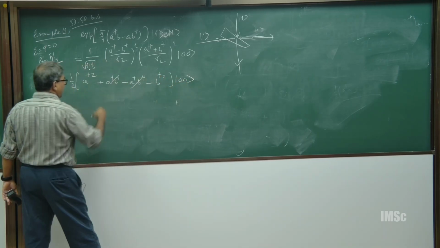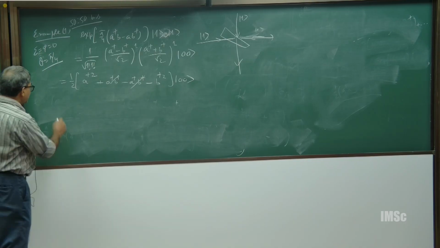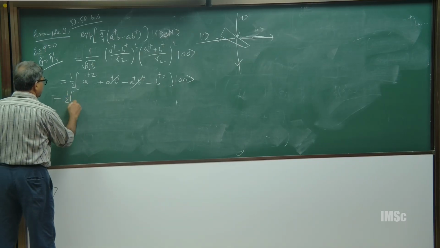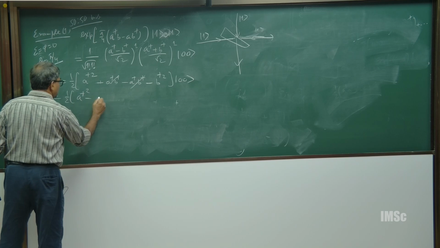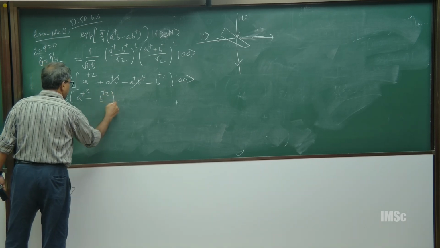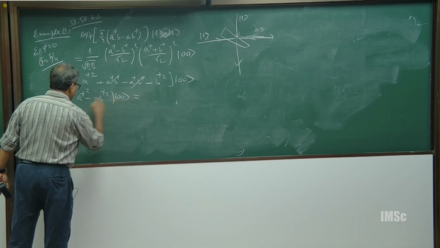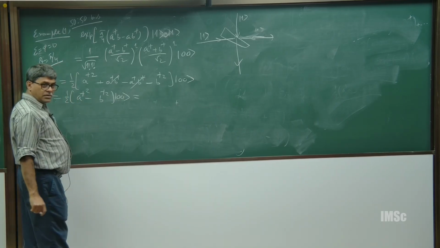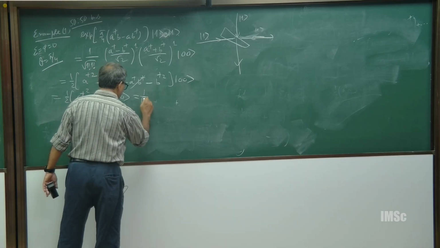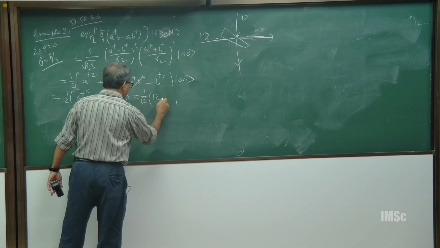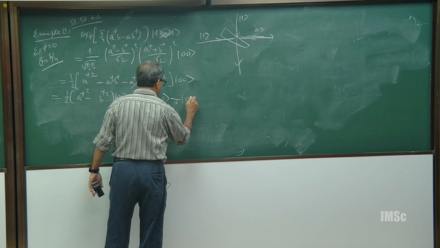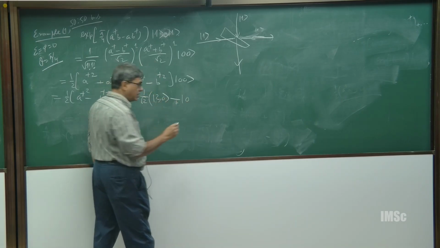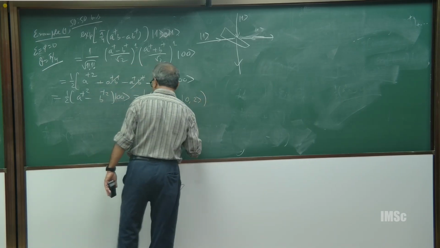So, this will get cancelled. What you have is half A dagger square minus B dagger square acting on 0 0, and what is this? It is 2 comma 0 minus 0 comma 2, where comma means tensor product. So this is that effect.